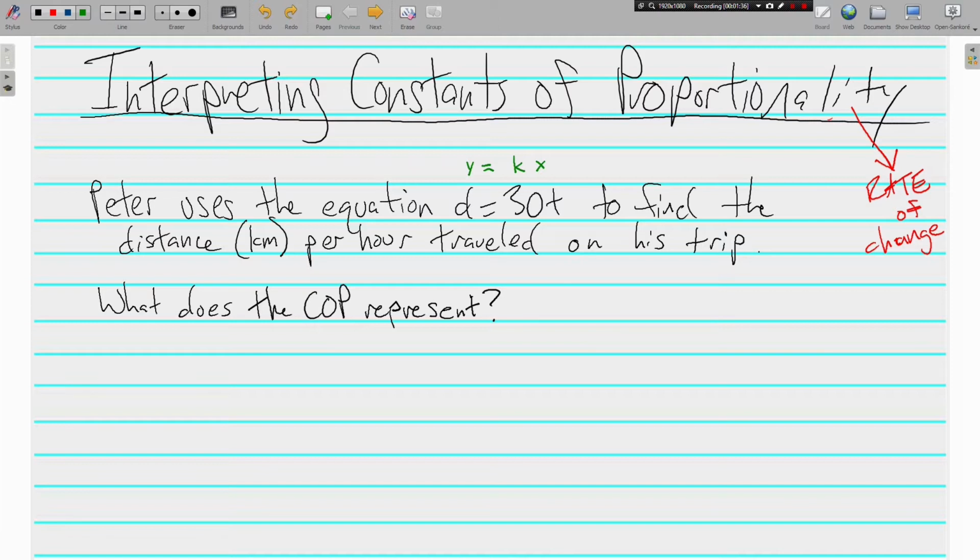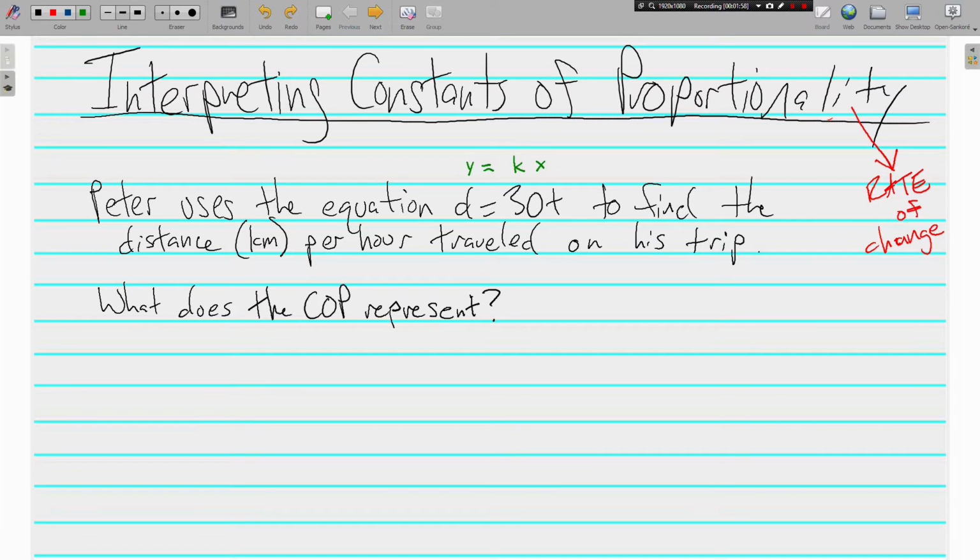So even though we've got a d and a t, it still means the same thing as y equals k times x. The constant of proportionality is still 30. We know that, but that's not what we're being asked. It's not what is the constant of proportionality, it's what does it represent.